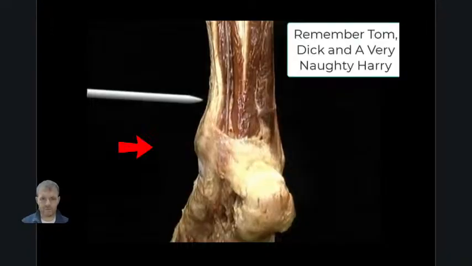If you remember from a little while ago, we had a little saying to remember the structures behind the medial malleolus. It's Tom, Dick, and a very naughty Harry. The "very" is the artery and vein: posterior tibial artery, posterior tibial vein, and the "naughty" is the nerve.